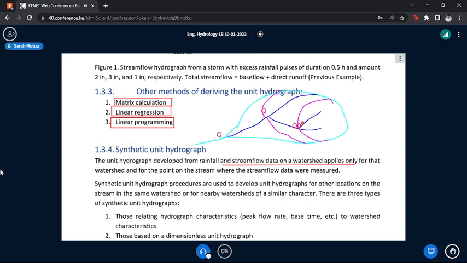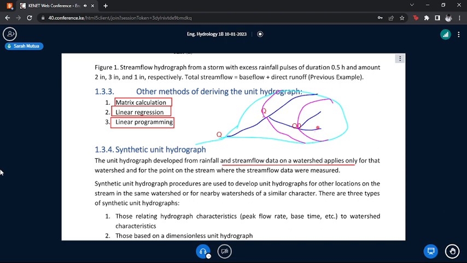Now, if you have calculated a unit hydrograph using this data for this particular catchment, and you have calculated another unit hydrograph for that one, the unit hydrograph you have calculated using that data can only be used for this area. The other one can be used for that area, the whole of it.